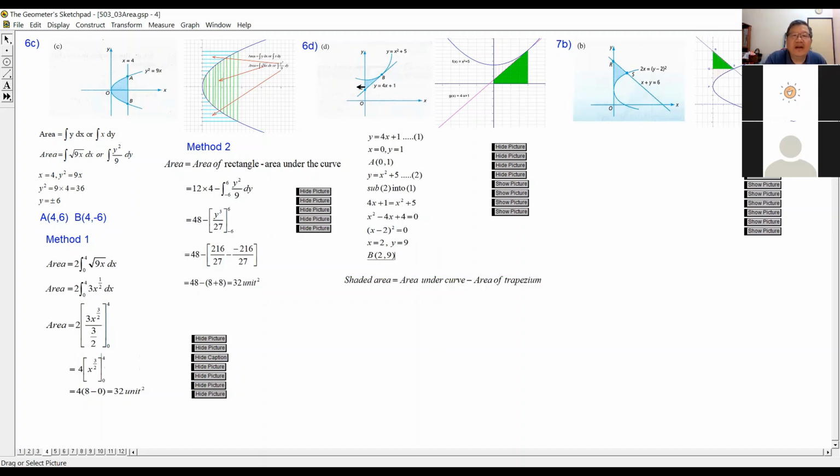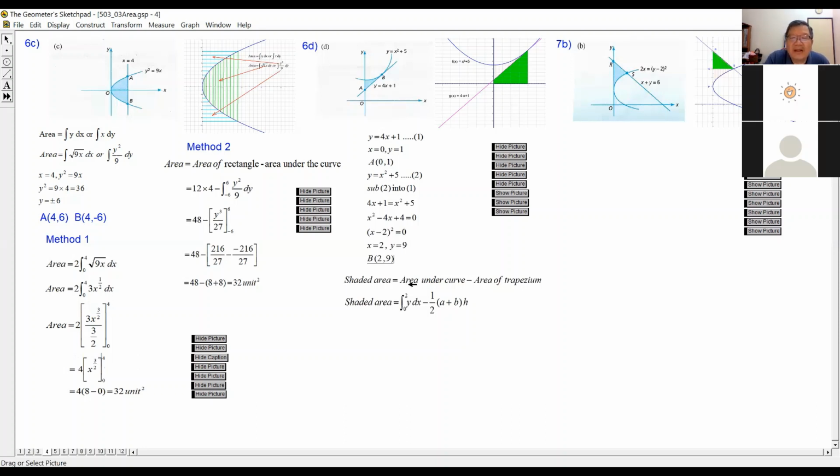So to find the shaded area here, the little part here, you have to use the area under the curve, the red dotted lines, minus the area of this green trapezium. So it's area under the curve minus the area of the trapezium, right? So when you do that, how to get all the numbers substituted there?